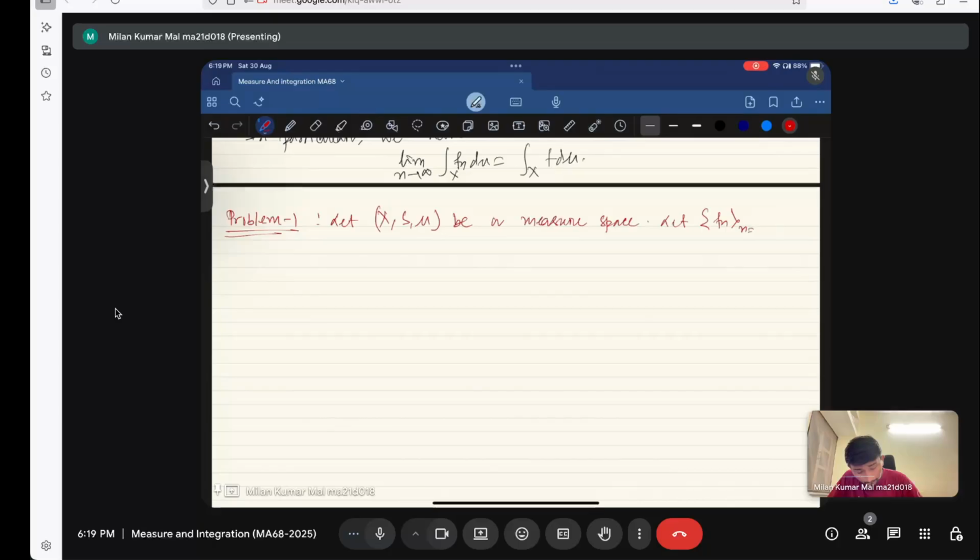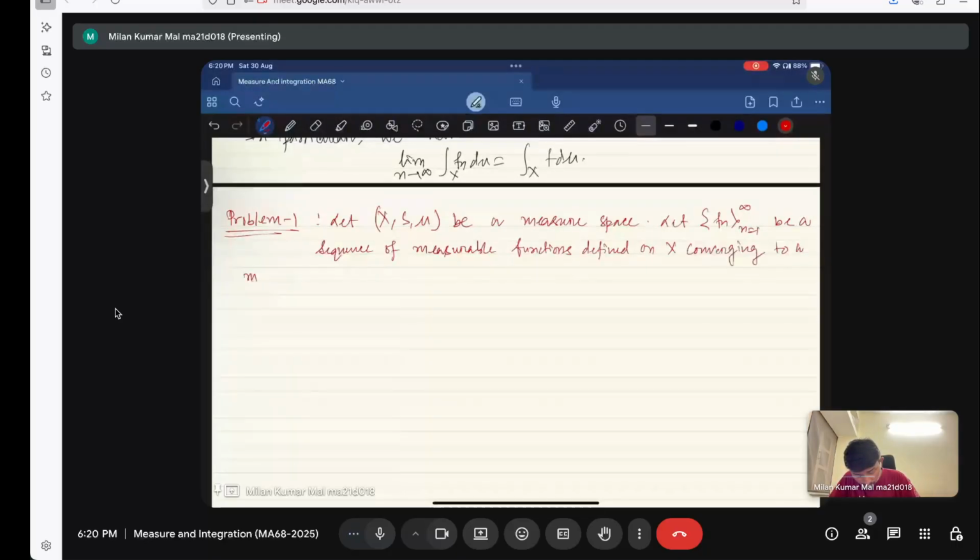Let f_n, n equals 1 to infinity, be a sequence of measurable functions defined on X converging to a measurable function f almost everywhere. So this convergence is pointwise.